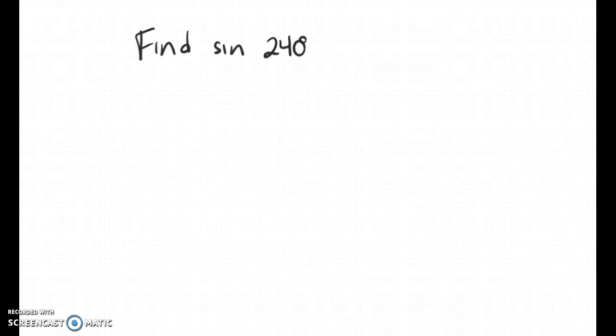Well, the first thing I'm going to do is find the reference angle, because if my angle is not an acute angle, this is the first thing I need to do. Find a reference angle if it's not between 0 and 90.